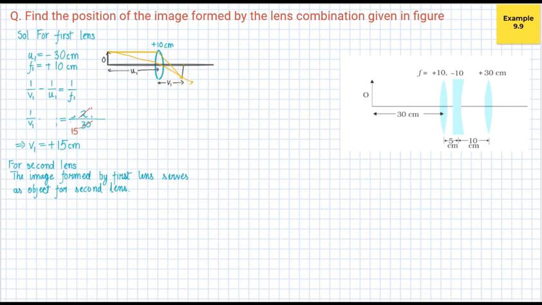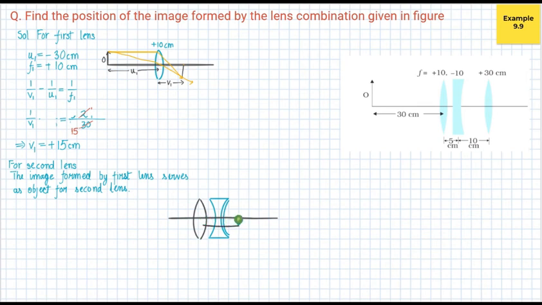Okay, so let me just draw this one here. Now if you look carefully, there is a distance of 5 centimeter in front. If this is your first lens, the image is formed somewhere at 15 centimeter, at this point.